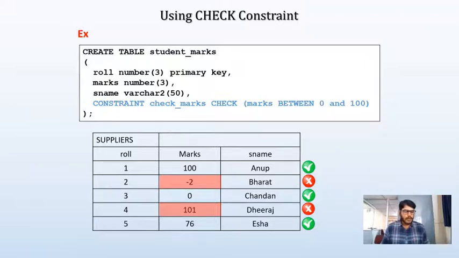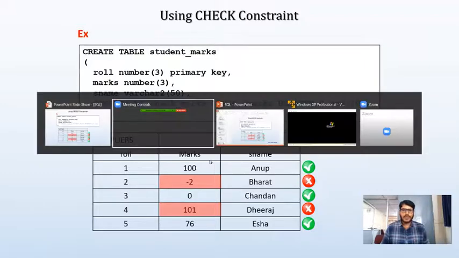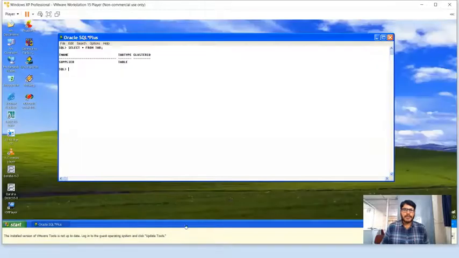So now let me show you with a demonstration directly by creating a student table here. Now let me quickly create a table structure. Create table st underscore marks for student marks. Press enter, open the parenthesis, give some space here.